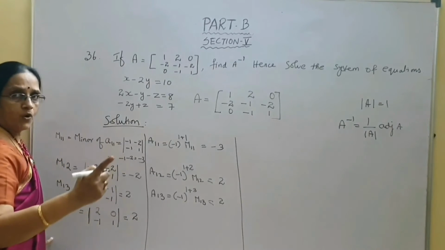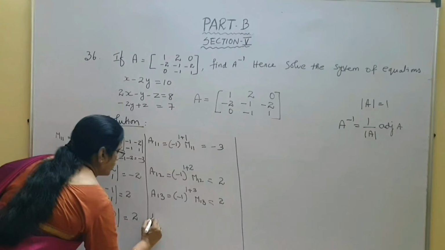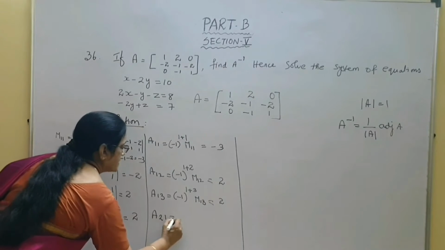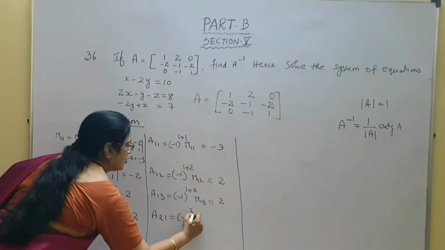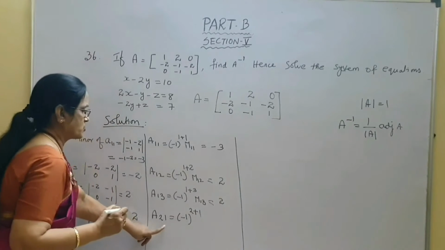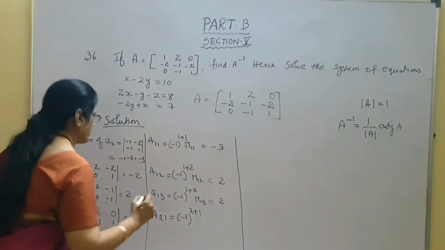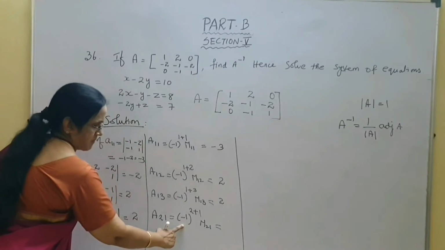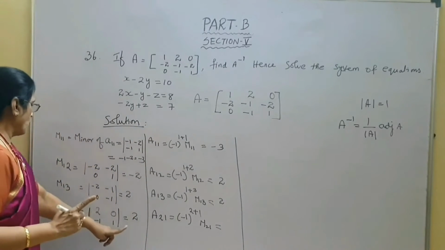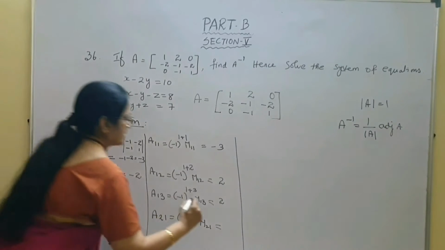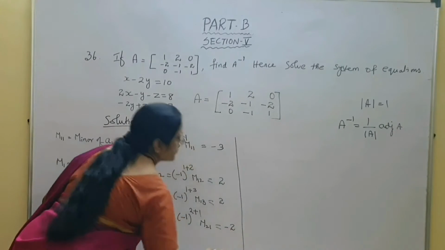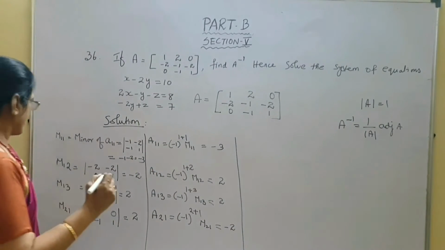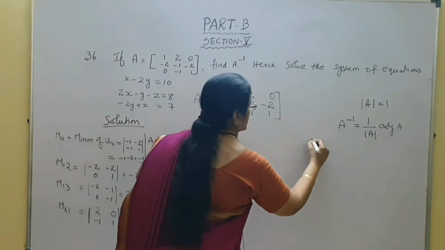The corresponding cofactor is A21, which is minus 1 to the power 2 plus 1, because i is 2, j is 1, into M21. Here it is minus 1 and M21 is 2, so it is minus 2. Now, let us find out M22.